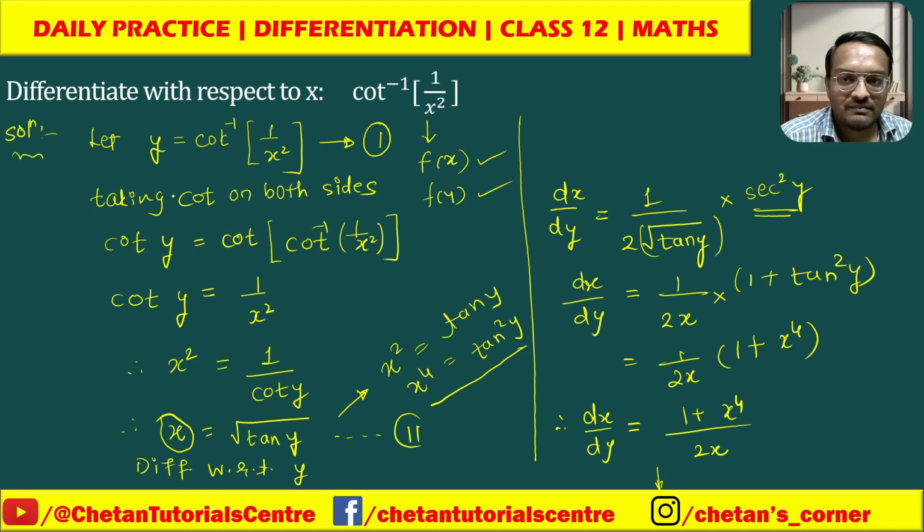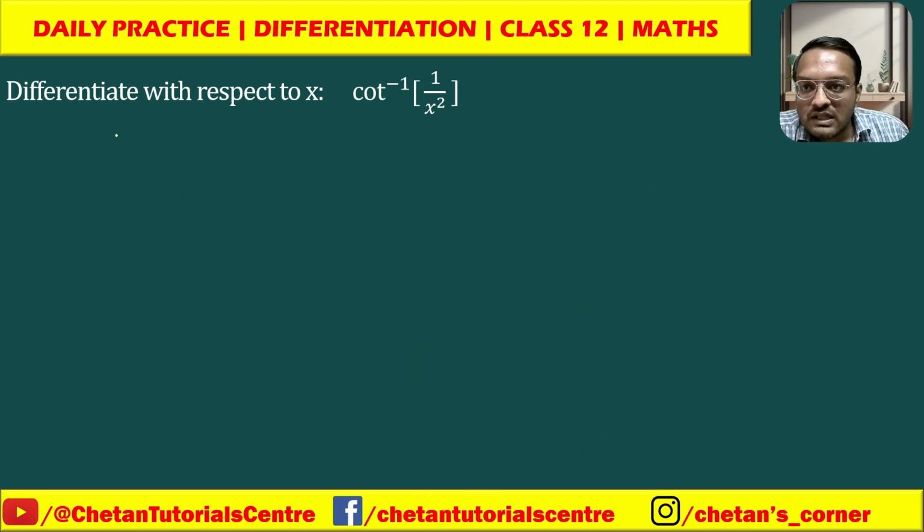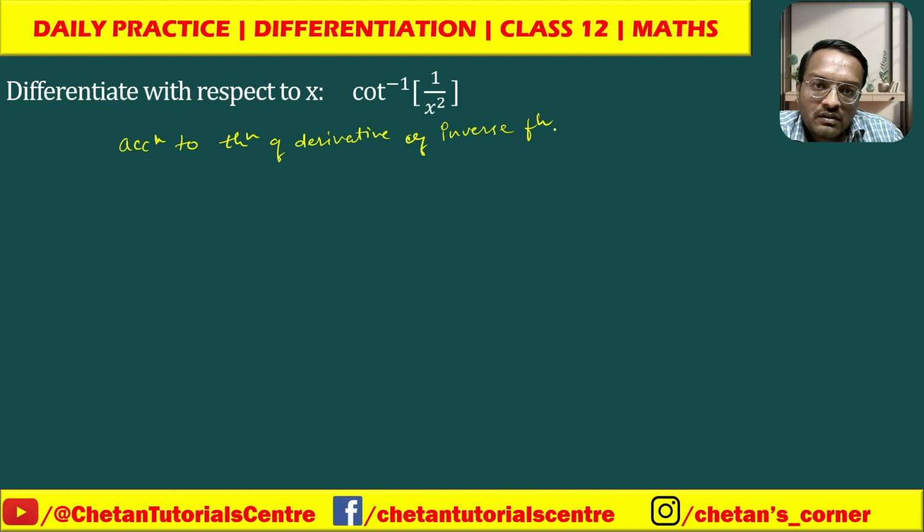Now I will use the theorem to calculate the derivative of inverse function. So according to theorem of derivative of inverse function, what I will get, dy by dx is equal to 1 upon dx by dy.